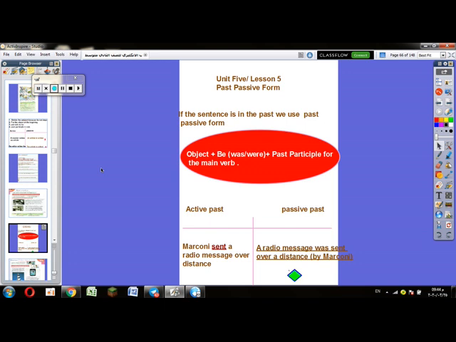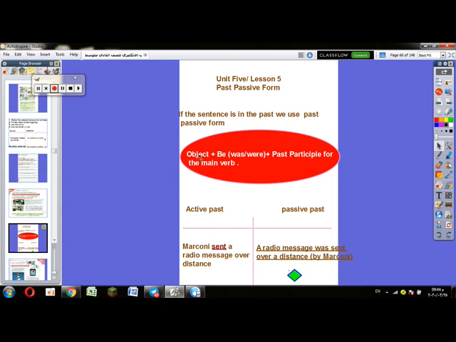So we spoke about the passive voice in the present tense. So we have the passive voice in the past tense. So if we have past tense, we use passive form, which is the rule. The object is the same rule.